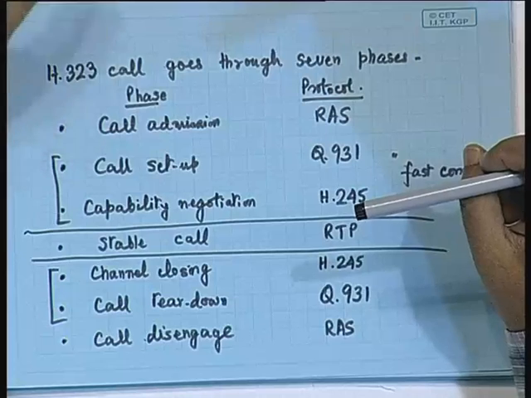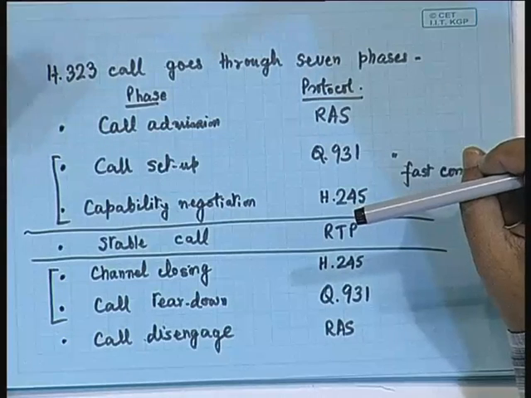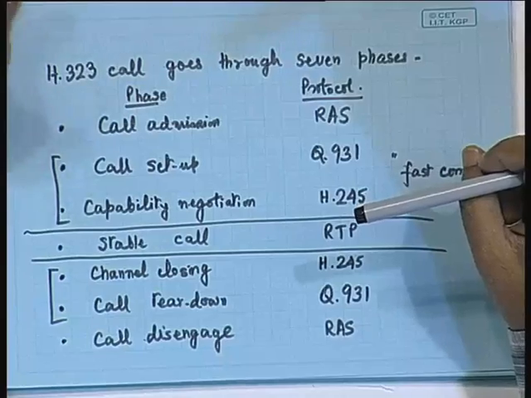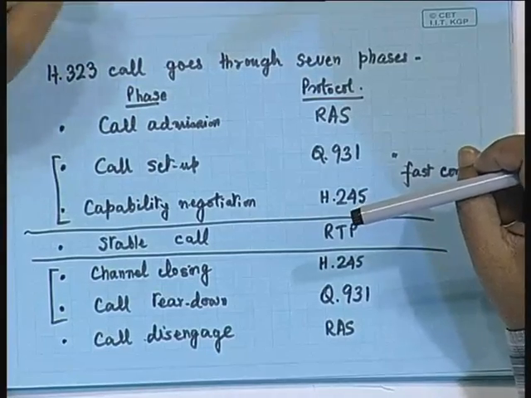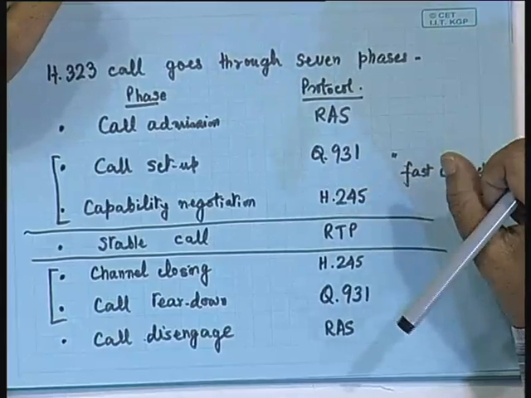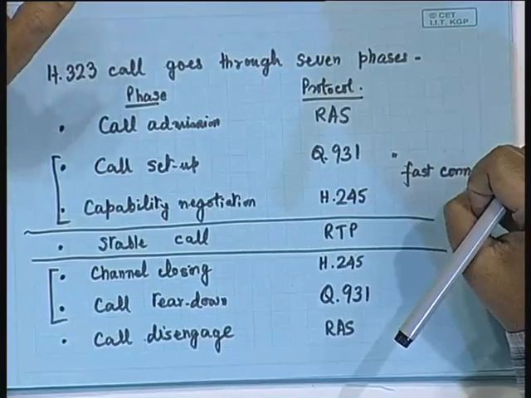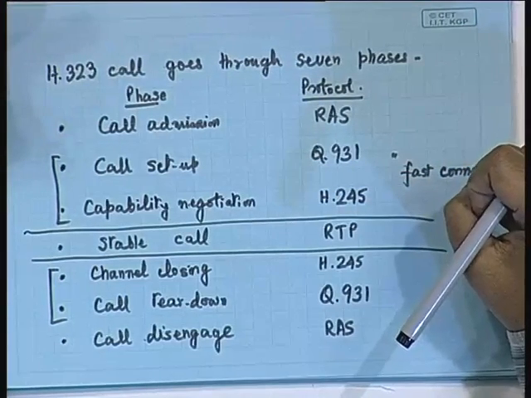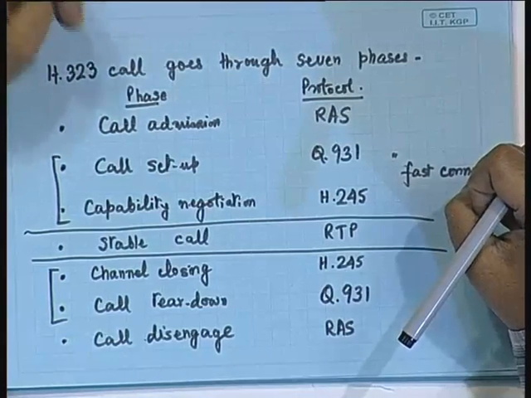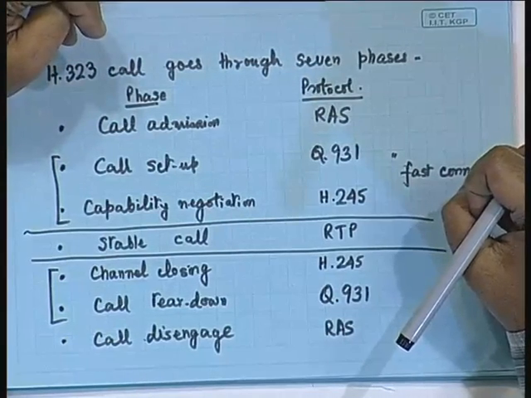In fact, the capability negotiation part may be dispensed with in a small scale version of the H.323 system. And call admission, there are several things that go with the call admission, another level of protocol that is being maintained.